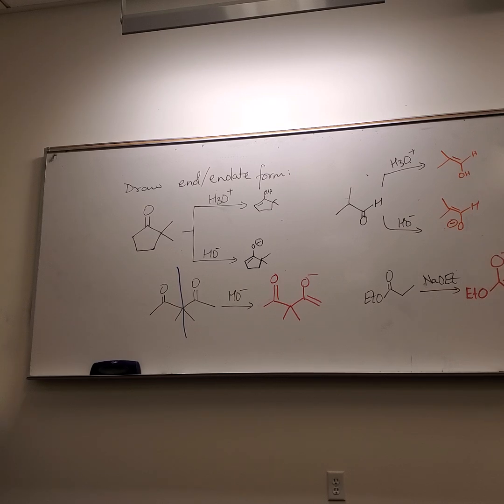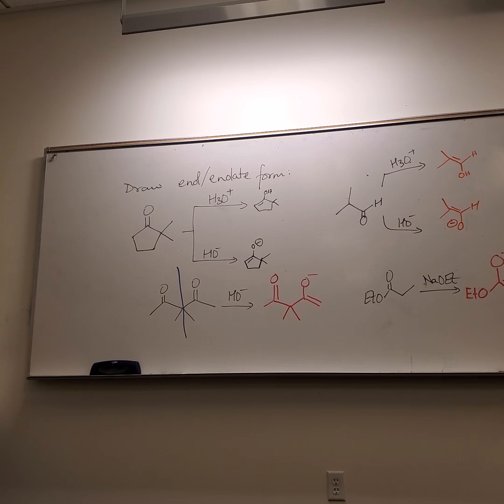If I were to react this with a halogen in the presence of an acid or a halogen in the presence of a base, that will convert this into an alpha halogenated aldehyde or ketone.